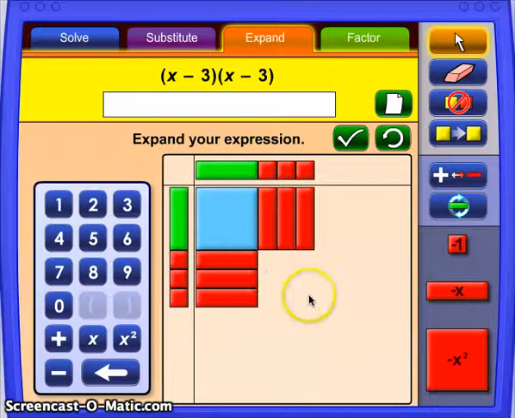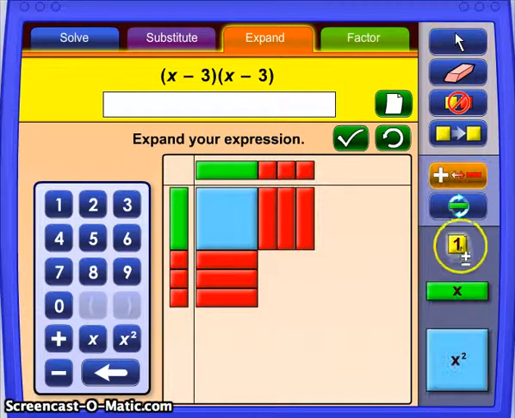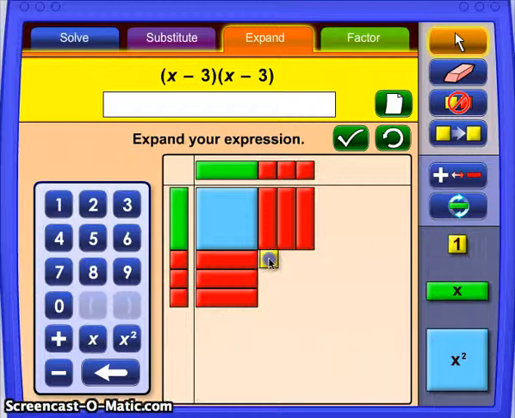So now for this area, the top is negative 1, the left is also negative 1, so negative 1 times negative 1 is positive 1, so drag that tile in there, and here it's also positive 1 and positive 1. And we know it'll look the same at the bottom, so I'm just going to duplicate it. Whoops, not that one.